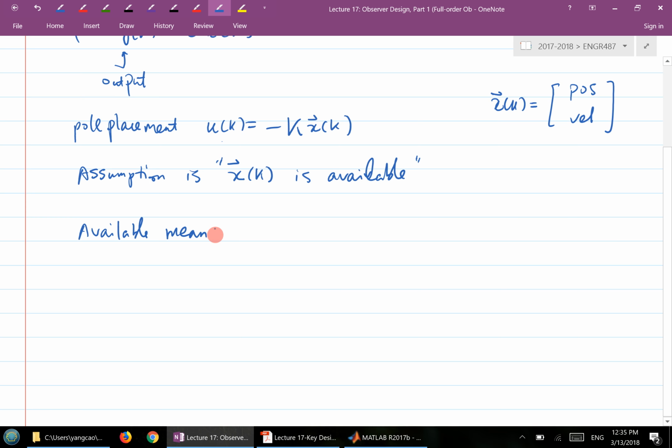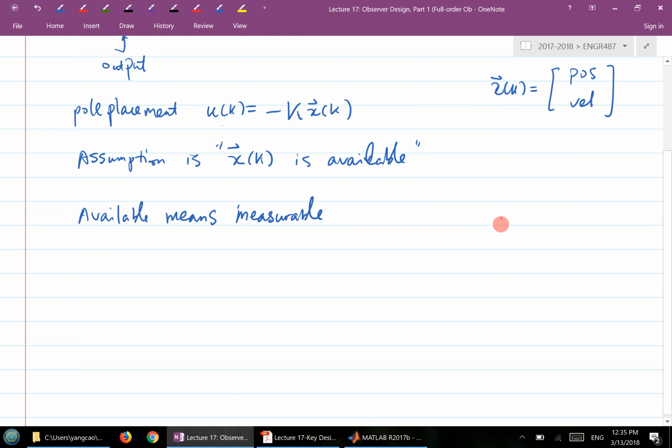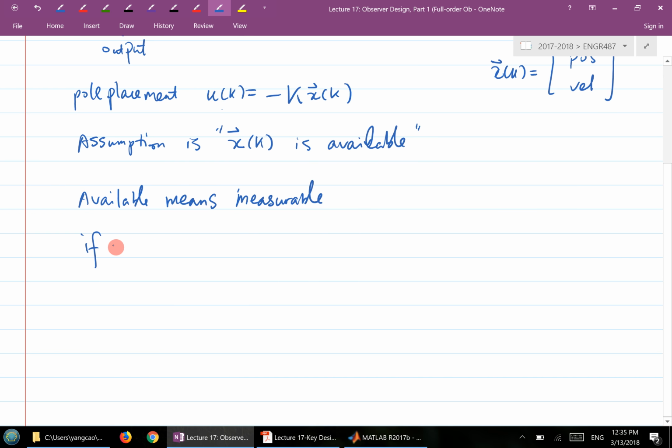By available, we mean measurable: you have a sensor, or somehow you can measure the value of that quantity. So if not all of x of k is measurable, what do we do?